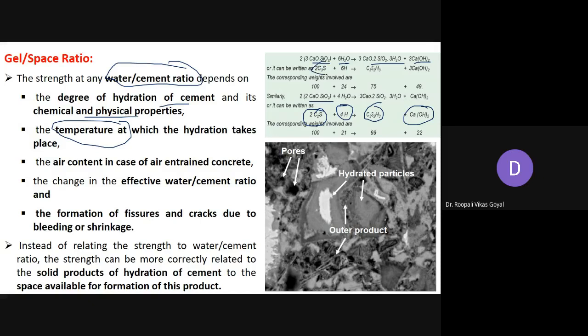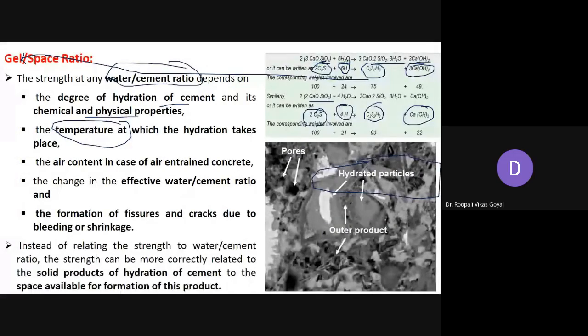So basically, this reaction of the Bogue compounds C3S and C2S generally forms this CSH gel. So this is your gel. That is what I'm talking about. Gel formation is actually responsible. So this hydrated product is very important. The more hydration, the more hydrated product is formed, and the better your strength will be.